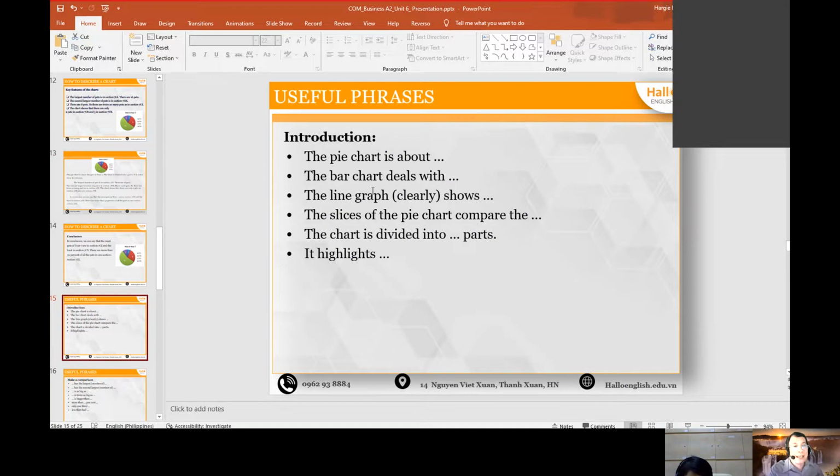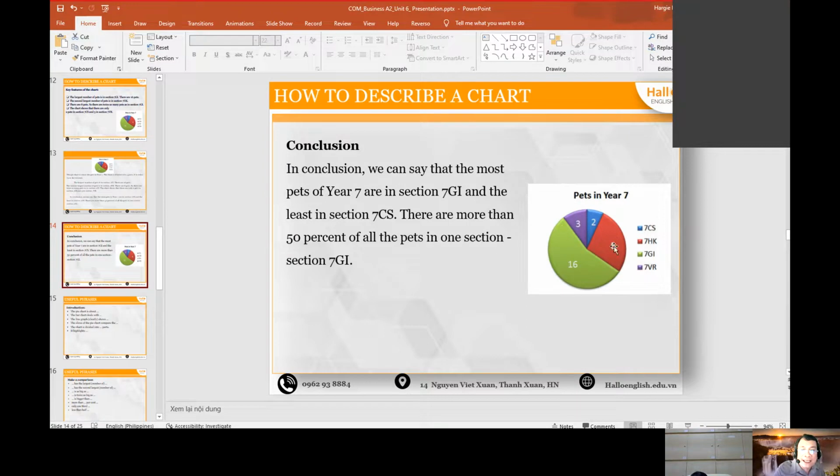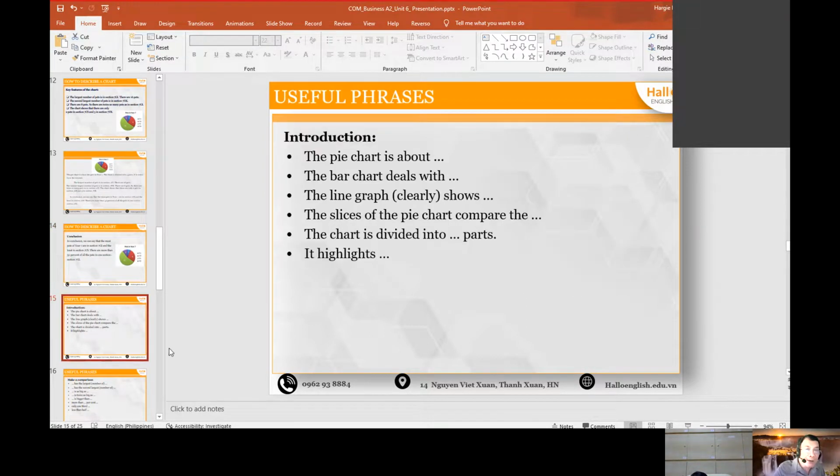Next, in the introduction part, you can also say the bar chart deals with, but we don't have a bar chart. We don't have an example of a chart yet. If we have an example of a bar chart, we can also say the bar chart deals with. But since we are only giving an example of a pie chart, or we can also say, the line graph clearly shows.